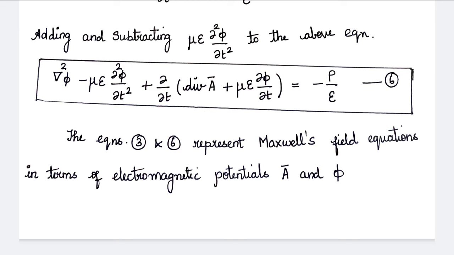Here the Maxwell's 4 equations are replaced by two field equations in terms of A and phi. Here A and phi are coupled with each other.